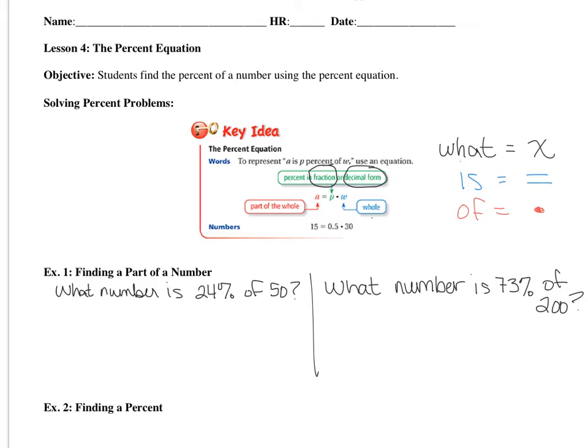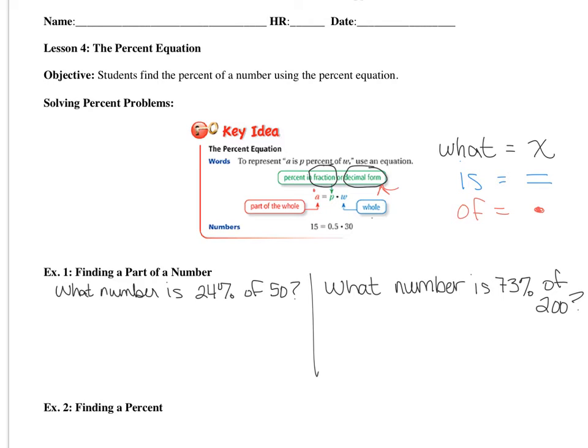But the one thing you have to remember is when we come across a percent, I'm not just going to put 24 or 73 into the equation. I actually have to convert it to a fraction or decimal. I prefer decimal. You can definitely do a fraction. It's up to you.